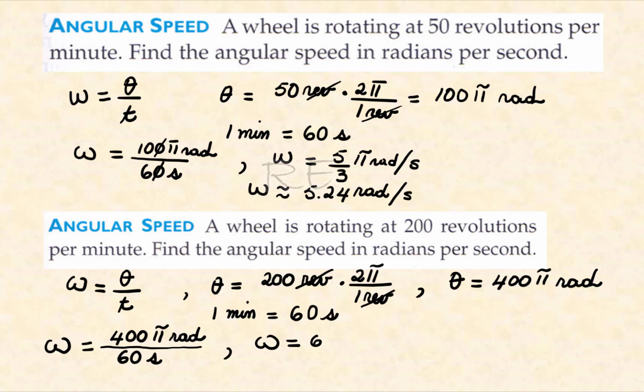So it should be 6 2/3 pi radians per second, which is approximately 20.94 radians per second.